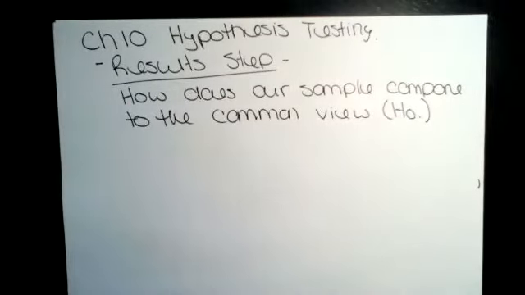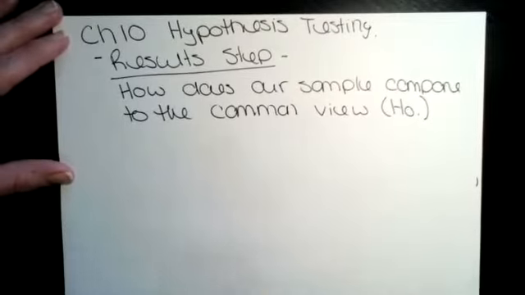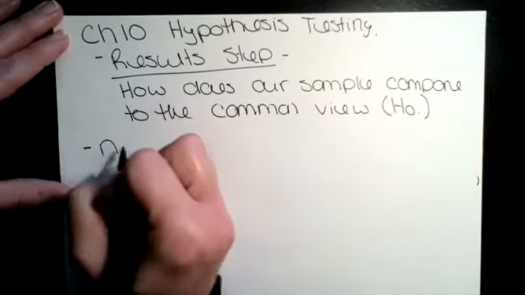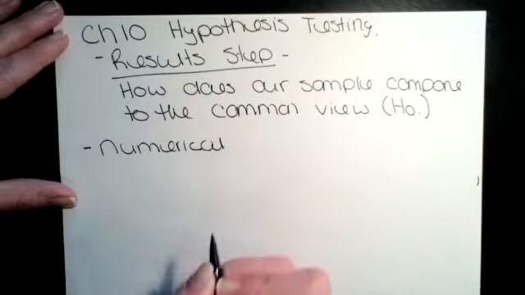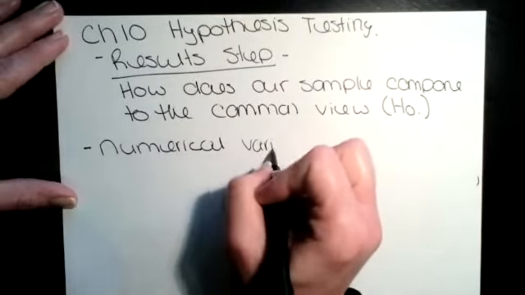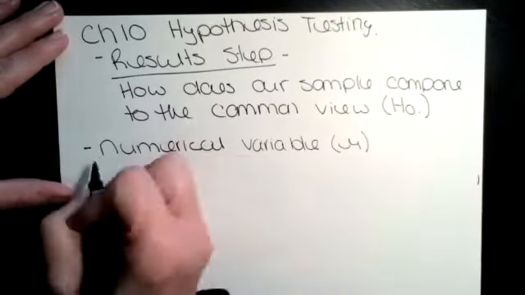So I'm going to break this into the two different types of data just because everything's really the same, but the numbers you're plugging in and that kind of thing just changes. So we'll take a look at numerical variable first. So meaning if my variable is numerical, meaningful number, and we're studying means in that case.